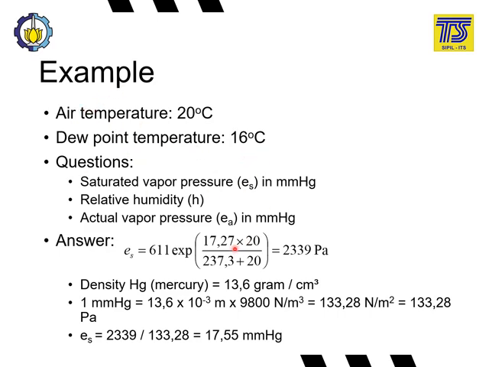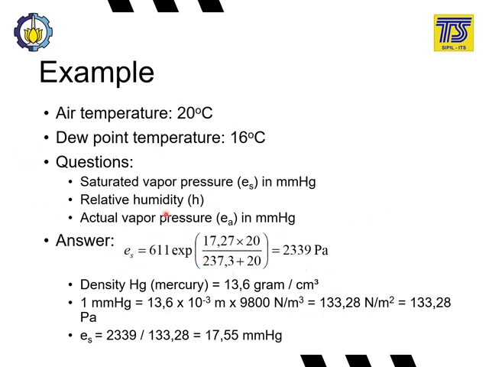Of course, we have to use the second equation for calculating the relative humidity, not the first. And here we have to calculate the saturated vapor pressure first because of the question.